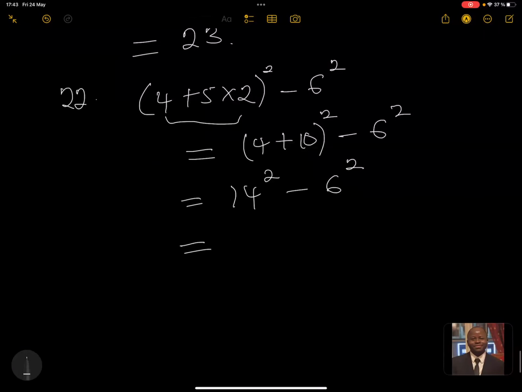There are ways you can do this simpler by using a difference of squares, but you may not need to do that. Let us just do it the way we know it.